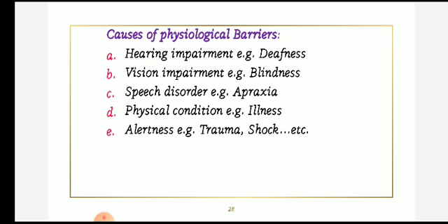It is obvious. If they are not able to hear, the receiver will not be able to understand the message, and if they do not listen, it is over, which will be the physiological barrier.